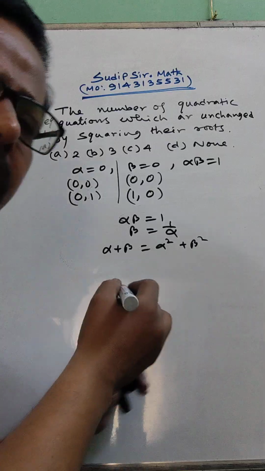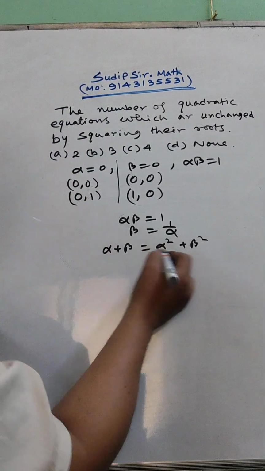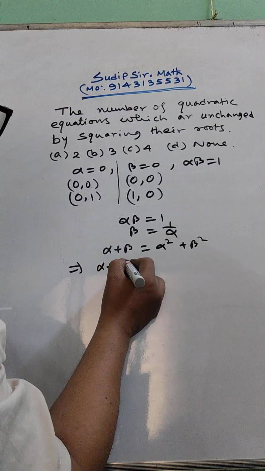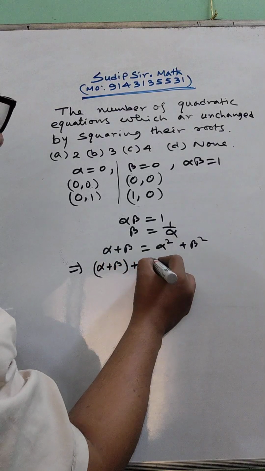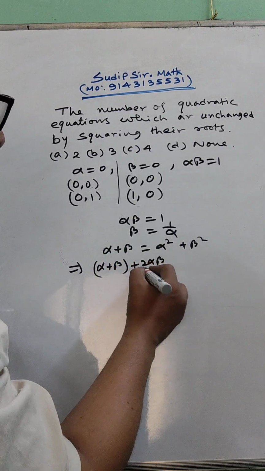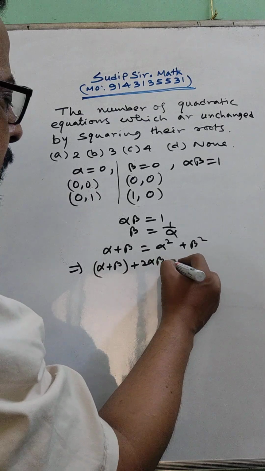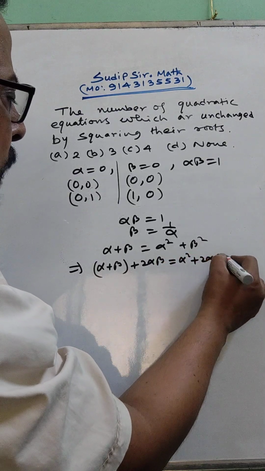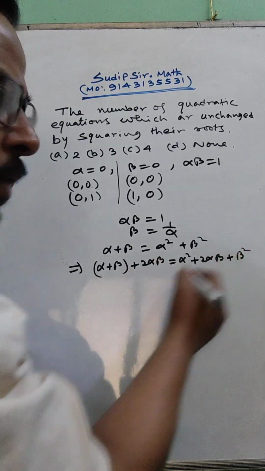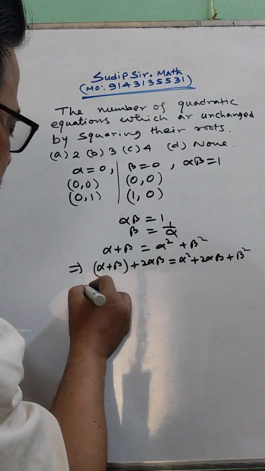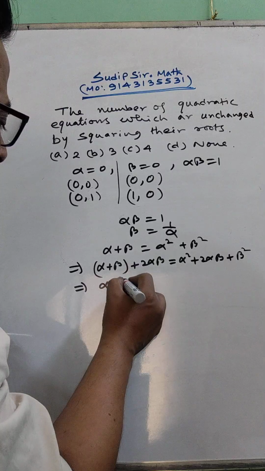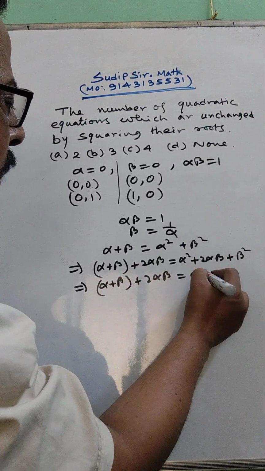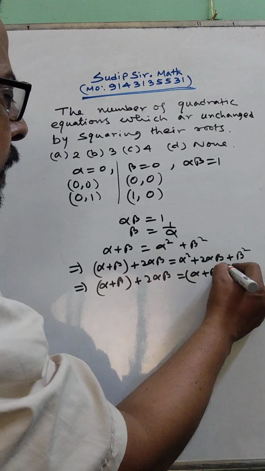Now simplify this. Adding 2 alpha beta on both sides, alpha plus beta plus 2 alpha beta equal to alpha square plus 2 alpha beta plus beta square. So this can be written alpha plus beta plus 2 alpha beta equal to alpha plus beta whole square.